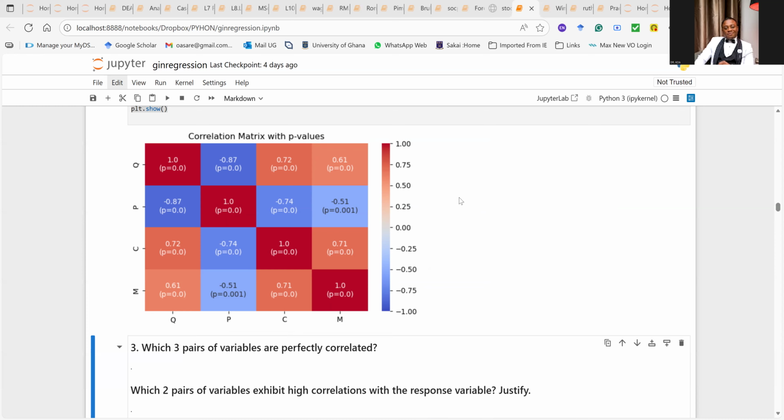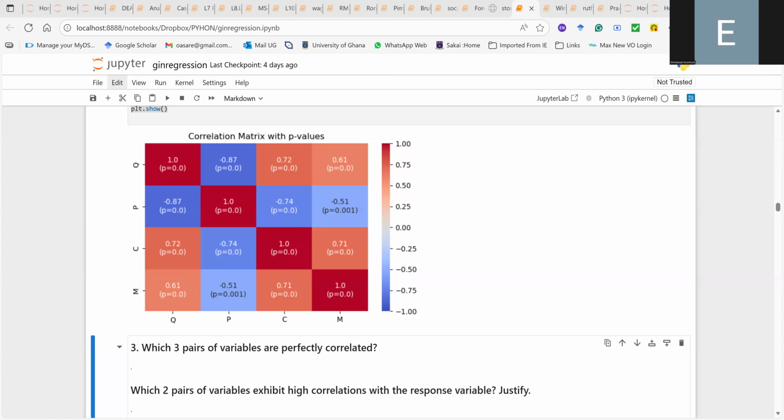Any question on anything regarding this correlation? Hello, Prof. Sorry?